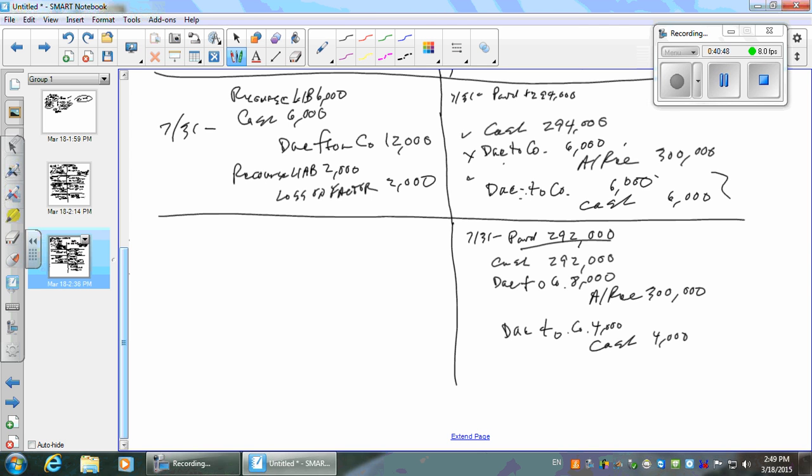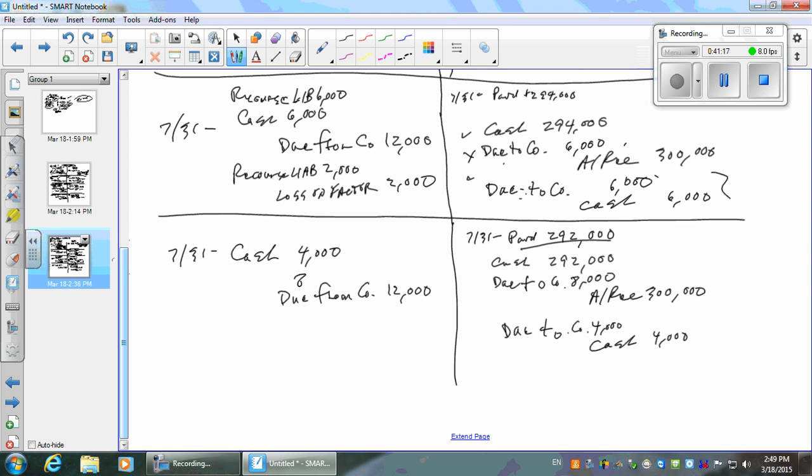What do these guys do over here? Debit cash. How much? 4,000. And then what do we have? Credit your due from company for 8,000. The old 12 is gone, right? 12,000 was in there. I took the 12 out.